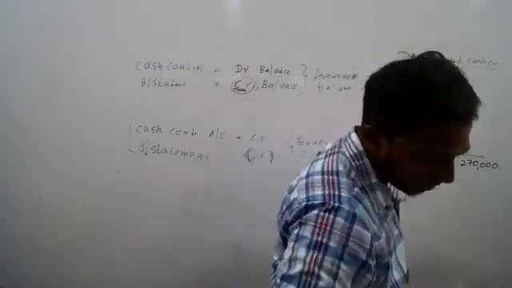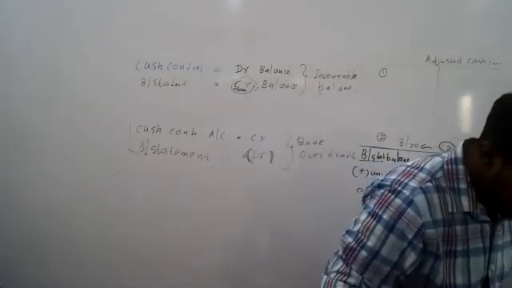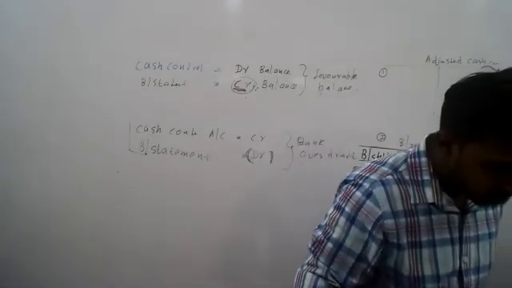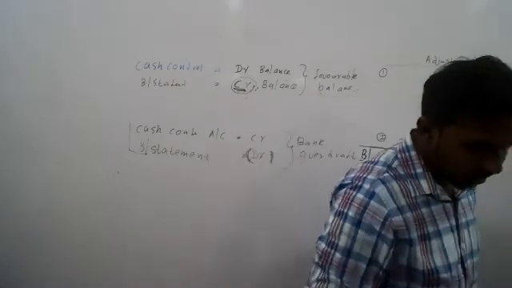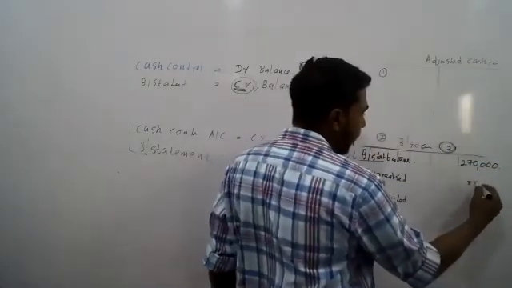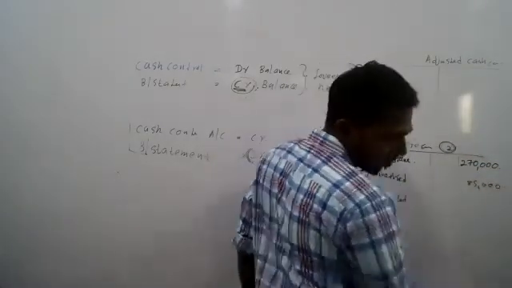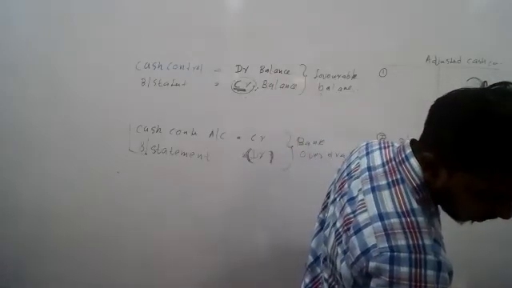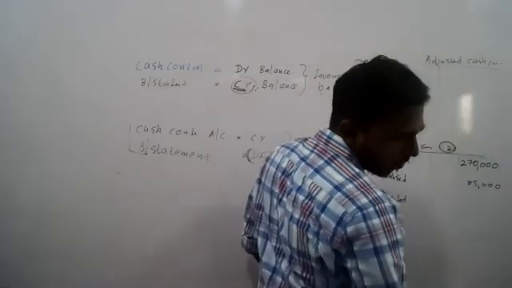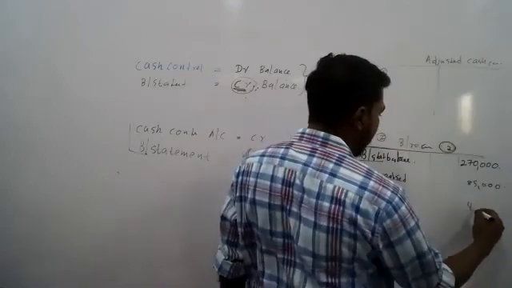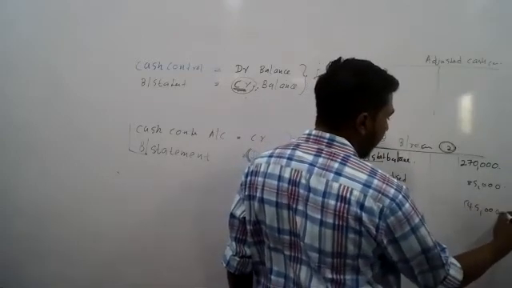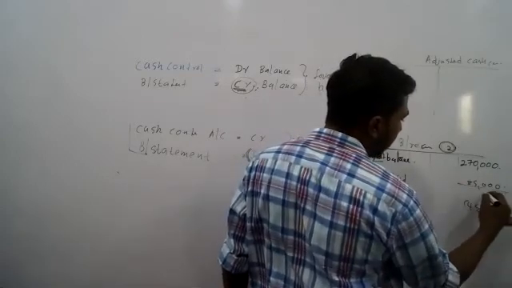Now see, what are the checks they have given you? Checks deposited but not realized is how much? 85,000. Then they say not presented for payment is 45,000. So unpresented you have to subtract.